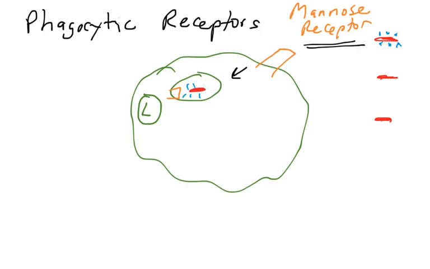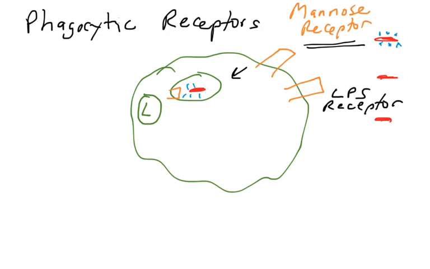Mannose is a sugar found on human cells as well, but the Mannose receptor here doesn't engage the human mannose sugar. It engages pathogenic mannose sugar. Second phagocytic receptor is the LPS receptor. So LPS, you should have learned from microbiology, stands for a compound known as lipopolysaccharide. It is a compound found on the surface of gram-negative bacteria.